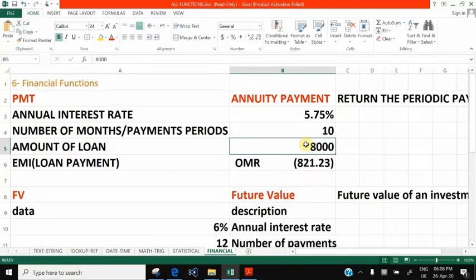If it is 8,000, the monthly loan payment should be 821.23 Omani Riyal. This is about PMT.